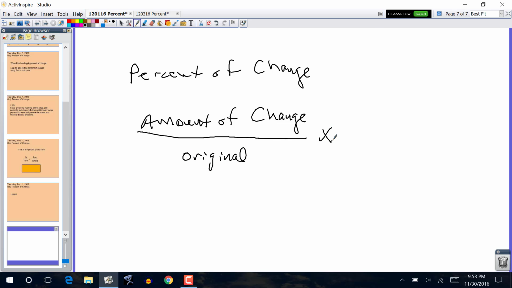Okay, and then you're going to multiply that answer by 100. And that is how we find percent of change.